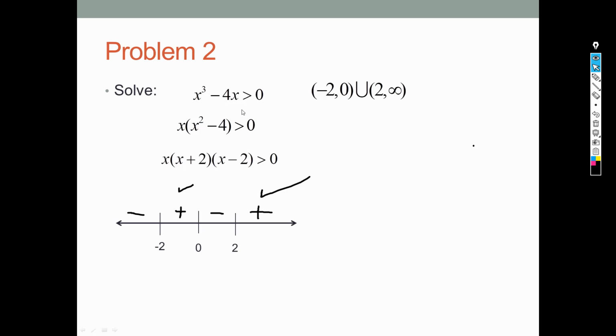Now, if this had an equals, greater than or equals, instead of just greater than, then the only difference would be that instead of parentheses, this would be a bracket. This would be a bracket. You'd have a bracket on this too also. Infinity never has a bracket, okay? It's always parentheses.